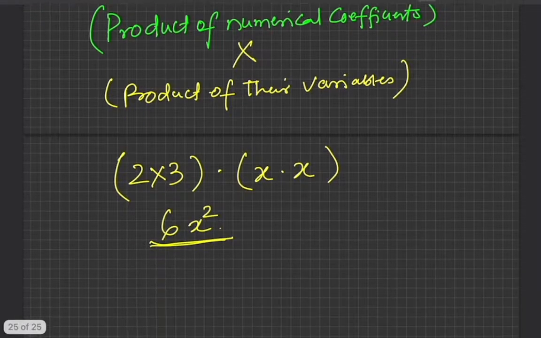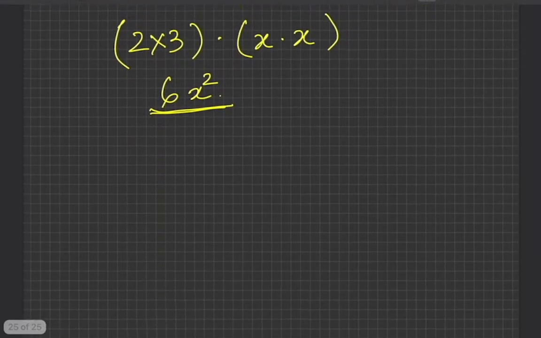Now let's do one more. Multiplication of a monomial by another monomial, right? Let's say I have negative 4a times 7a.